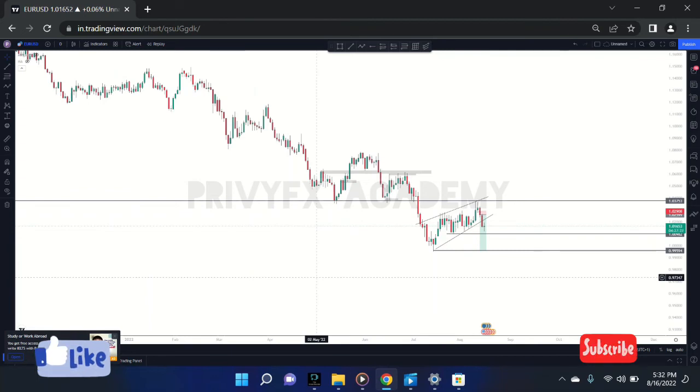The only support and resistance you can stick to on a lower time frame is the trending support and resistance. You don't want to stick to the static support and resistance on a lower time frame.